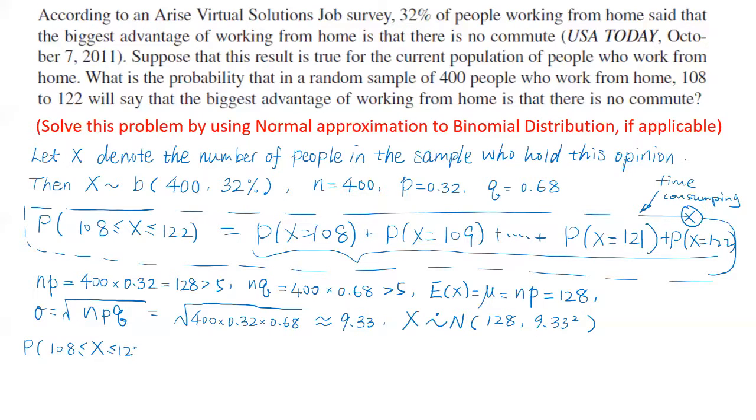Then the probability of X between these two values is approximately the probability of X in this interval.